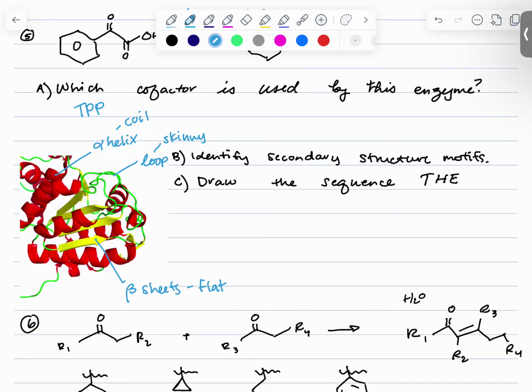So T is our first one. Green. That's our starting one. We can circle that one. Our next is histidine. It's down here at the bottom. And then E is a glutamic acid, which is over here.